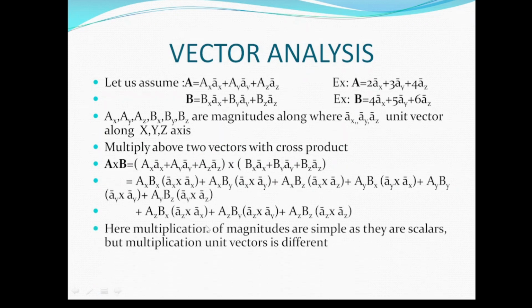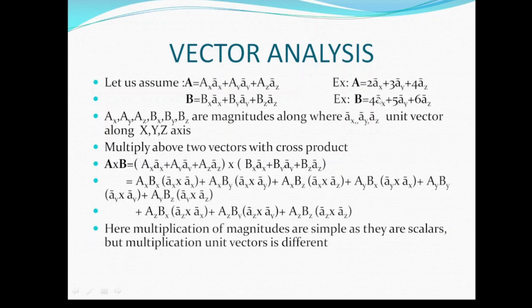Here the multiplication of magnitudes is simple as they are scalars. Ax into Bx, these two are nothing but scalars. Directly you can multiply, so 2 into 4, 8. But ax cross ax is different. Along with the magnitudes, we have to multiply these unit vectors with the cross product.